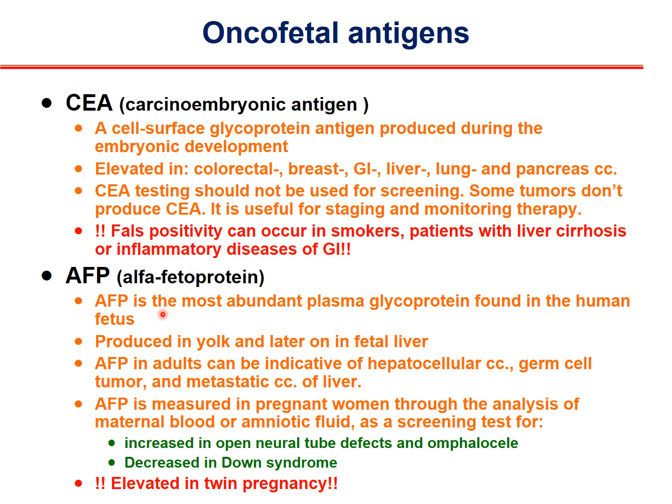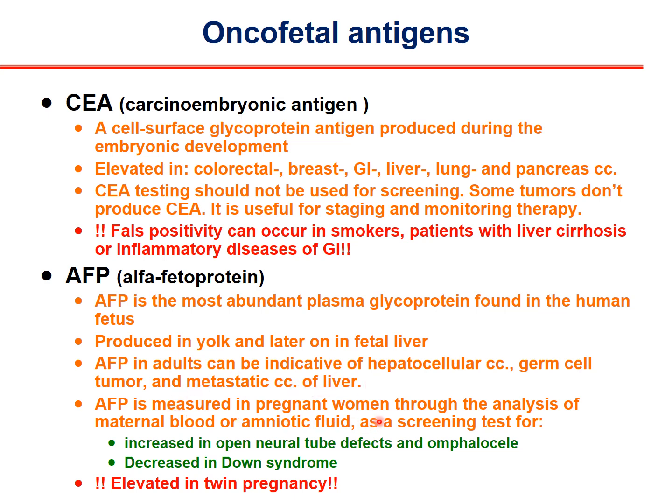Alpha-fetoprotein is the most abundant plasma glycoprotein found in the human fetus, produced by the yolk sac and later in the fetal liver. Alpha-fetoprotein in adults can indicate a hepatocellular carcinoma or germ cell tumor and metastatic carcinoma of the liver.